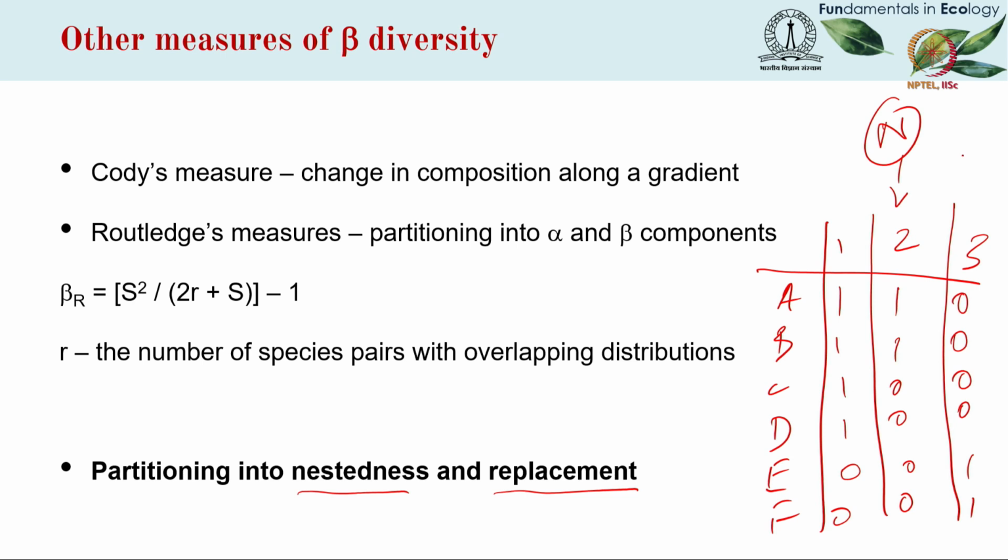Now, both nestedness and replacement contribute to beta diversity, and in many instances when we are comparing communities, there is both nestedness and replacement. So one of the approaches to understanding beta diversity is also to partition where beta is coming from. Is it coming from nestedness or replacement?